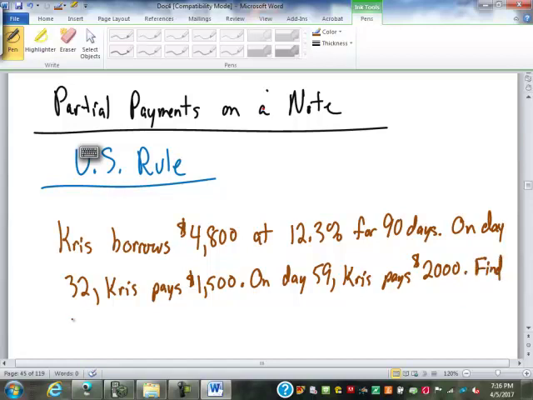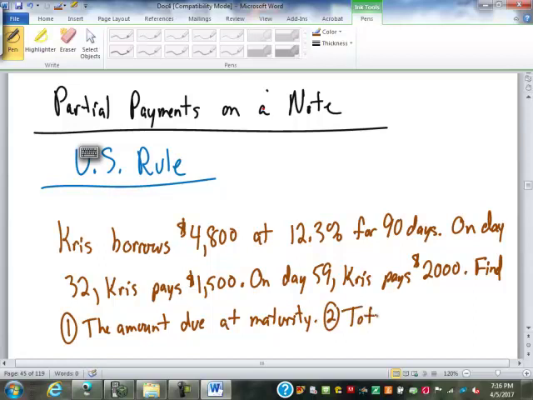Find 1, the amount due, the balance due at maturity. In other words, the balance due at the end. And 2, the total interest paid.